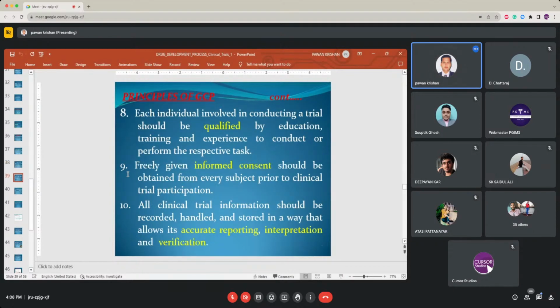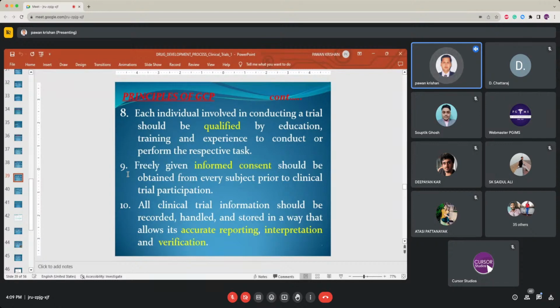Every individual conducting a trial should be qualified, and freely given, informed consent should be obtained. Then all the data that is generated from the clinical trial should be accurate. It should be accurately reported, interpreted, and verifiable.